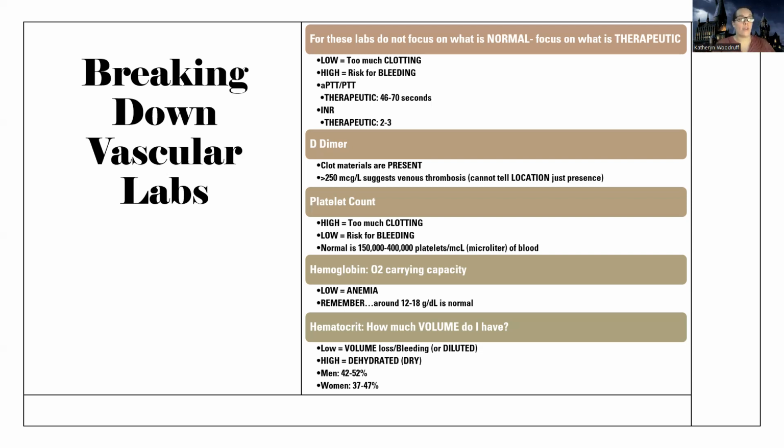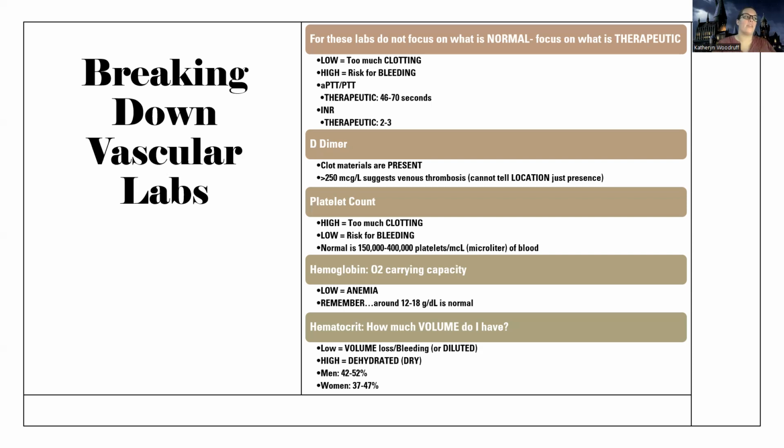Whereas a high hematocrit is usually a sign of dehydration, the opposite of what I just talked about, where there are a whole lot of particles but not a lot of fluid. So the particles stay the same, but because there's less volume, it looks like there are more cells present.